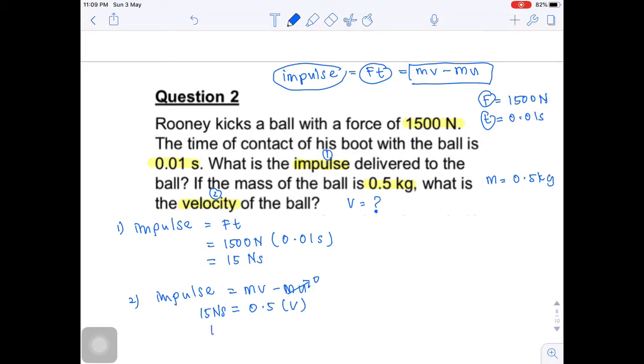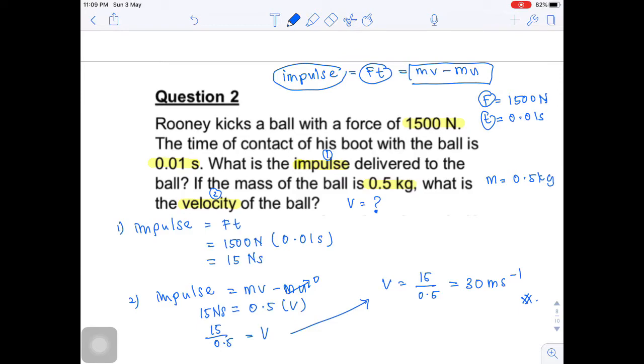In order to find v, 15 divided by 0.5, so v equal to 15 divided by 0.5 equal to 30 meter per second. So this is how to answer this question.